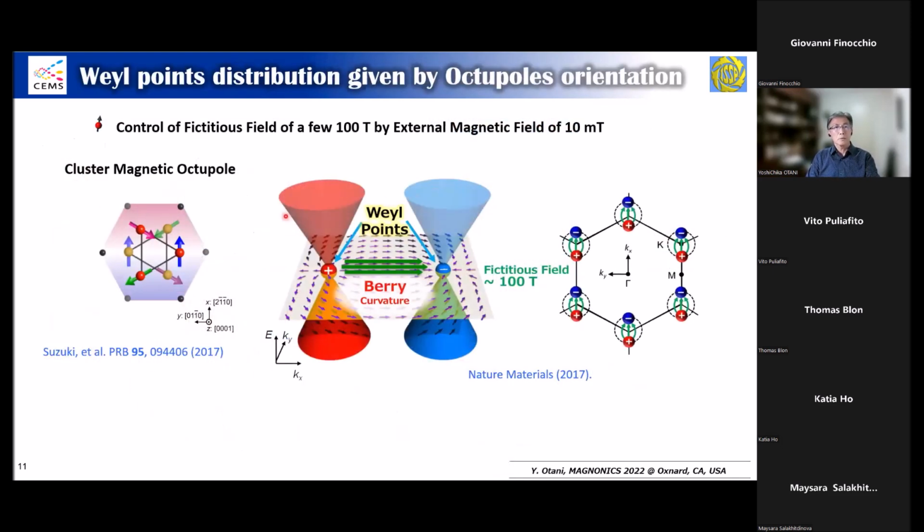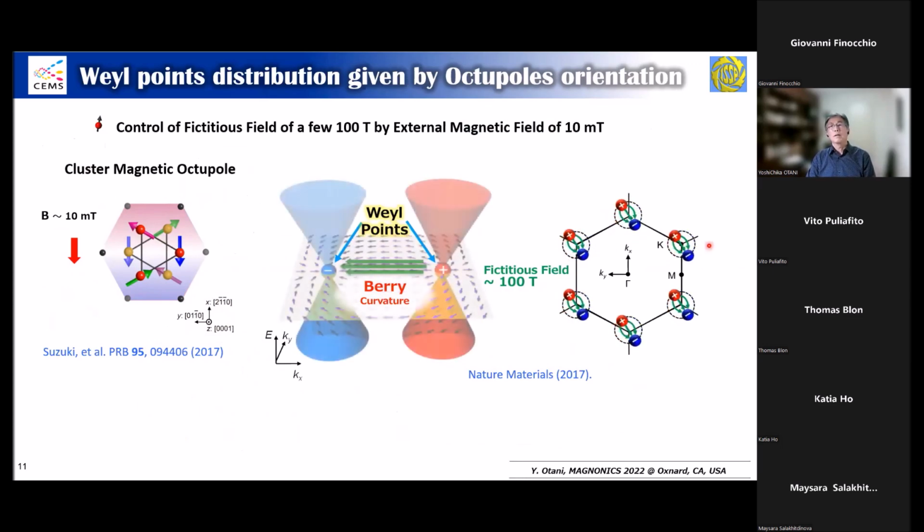So it's a very important message. As I already said, this cluster octupole behaves like a macro spin, which can be controlled by an external field. At the same time, when we change the spin direction, this octupole also rotates, as you can see here.